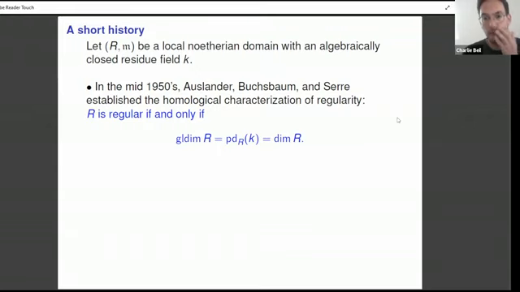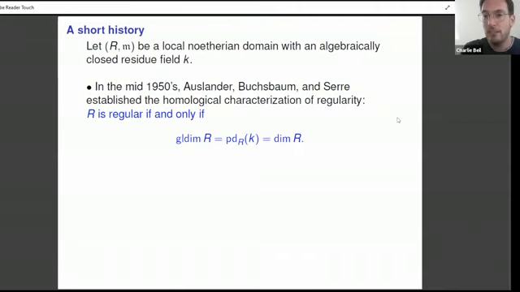So regularity means we're at a smooth point, ignoring issues with the ground field, so we'll just say over C. R is regular if and only if the global dimension of R is equal to the projective dimension of the residue field over R, and that's equal to the Krull dimension of R.